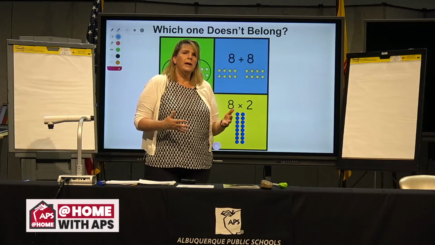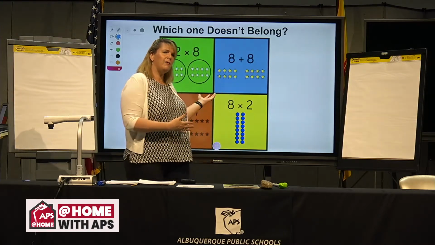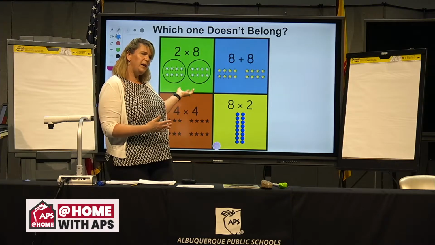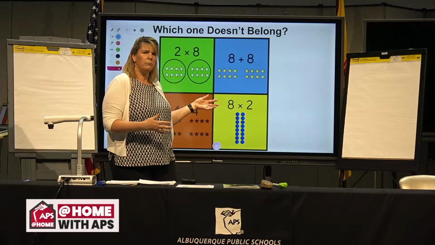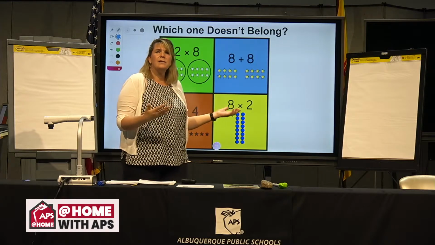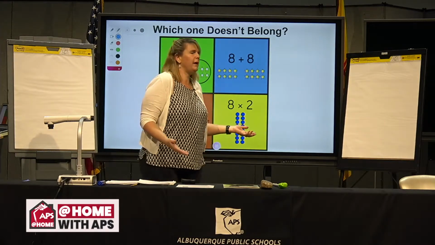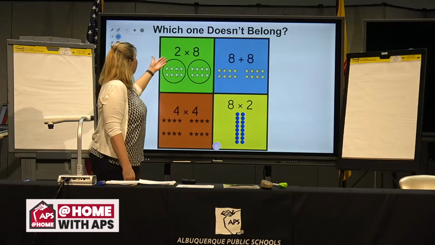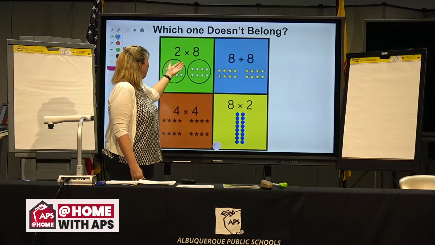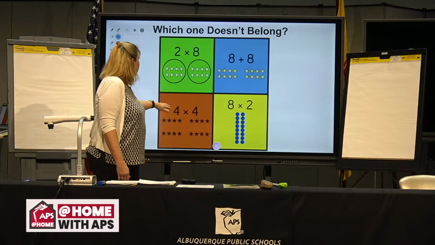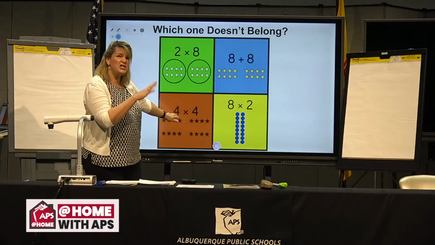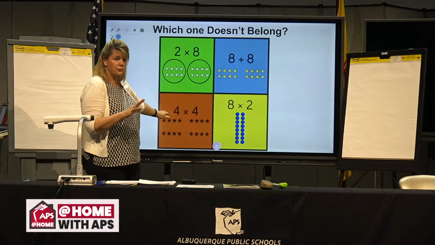So what we're doing here is I want you first to just, I'm going to ask you a quick question. What do you notice about what's on that screen? What does it look like? Looks like it's multiplication, right? Yeah, I can see the multiplication symbol. I can see some form of equal groupings. I can see arrays arranged in different patterns and structures.